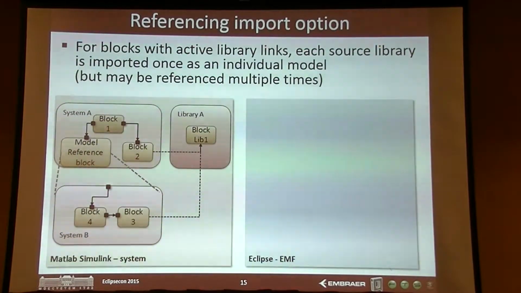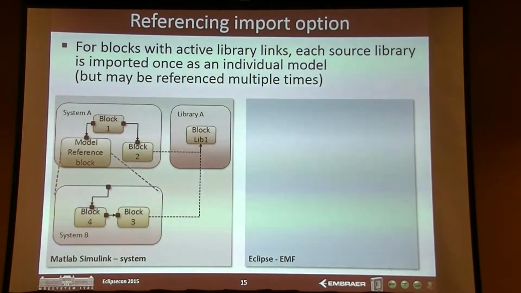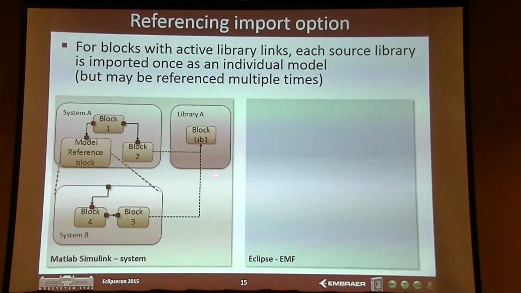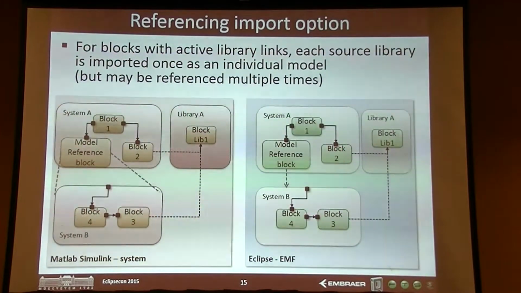It means that it not only works on the model references, but it will also work with the library links. And that's a really powerful feature, because Matlab Simulink is based on the idea that you define libraries and instantiate the elements of the libraries in your system. Okay? This is a different way of handling things compared to model references, and everything within a Matlab model, even the basic elements, is an instance of a particular library element.